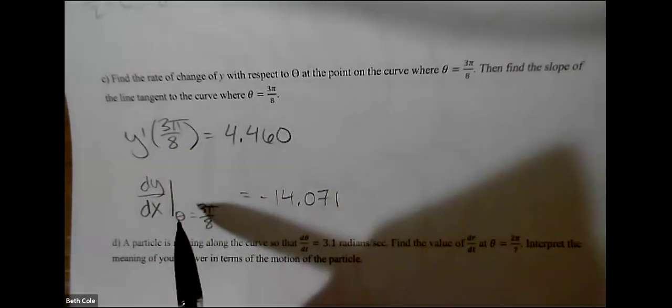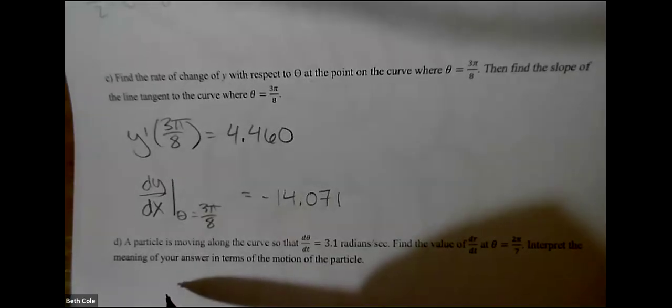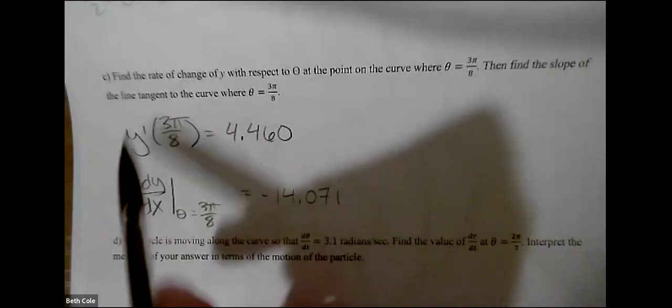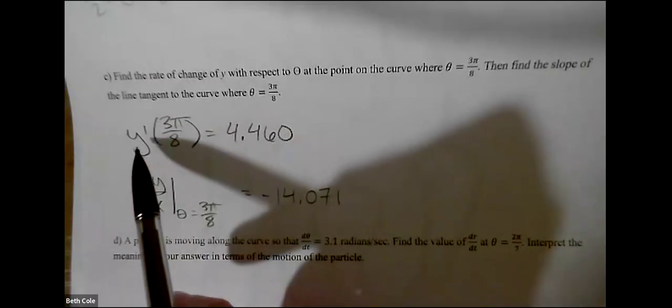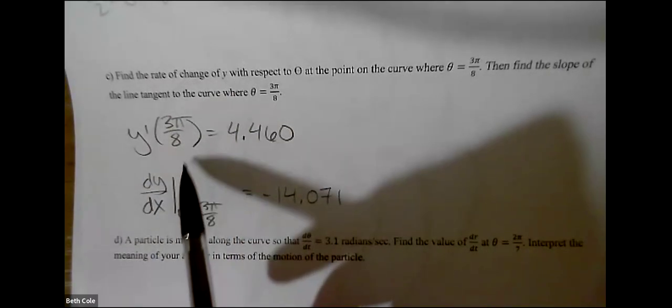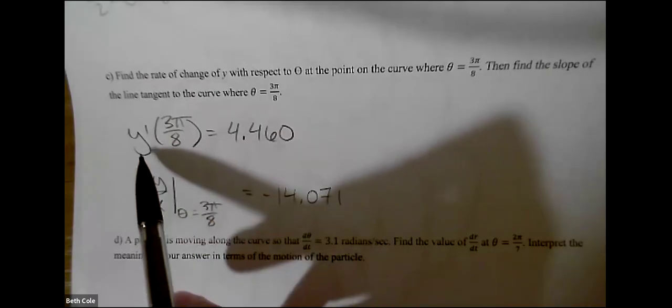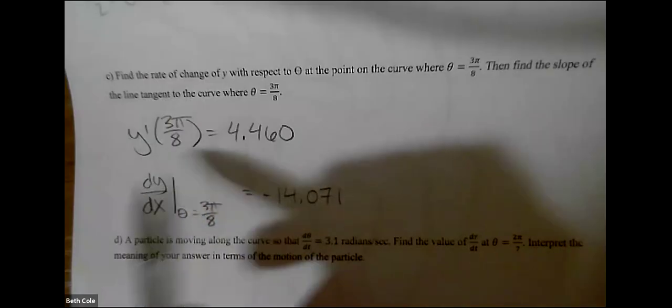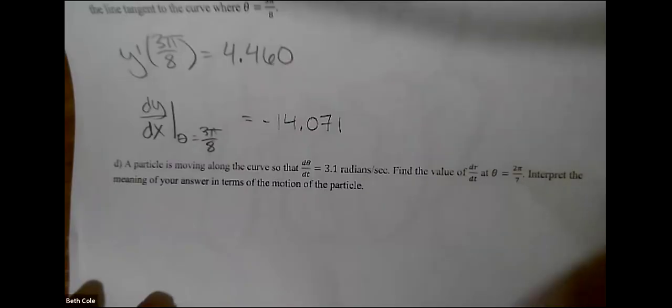So just make sure you label them. We didn't really do any written work for this. We typed it all in the calculator. But you could also write dy d theta such that theta equals 3 pi over 8. I just wrote y prime 3 pi over 8. And then this is the whole thing with y and x. Yeah, again, don't love that question.